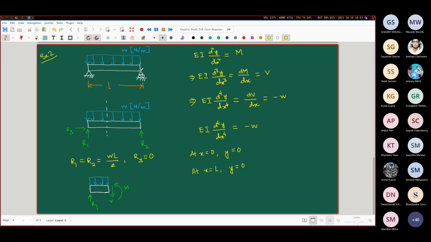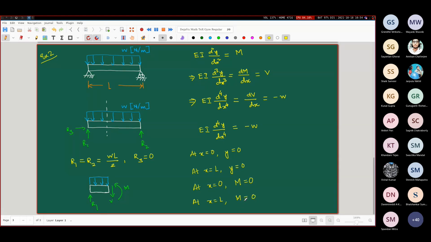As you have already been studying from your first year mechanics, at the pins the moments are going to be 0, because pinned supports do not resist any kind of rotation, and so they supply 0 moment. So at x equal to 0, M is equal to 0, and at x equal to L, again M is equal to 0.